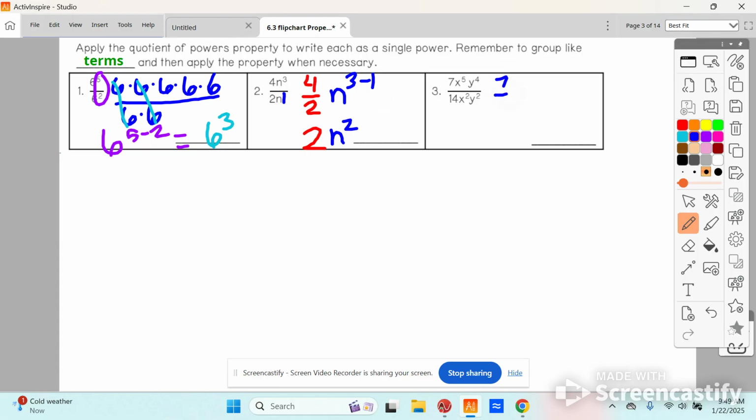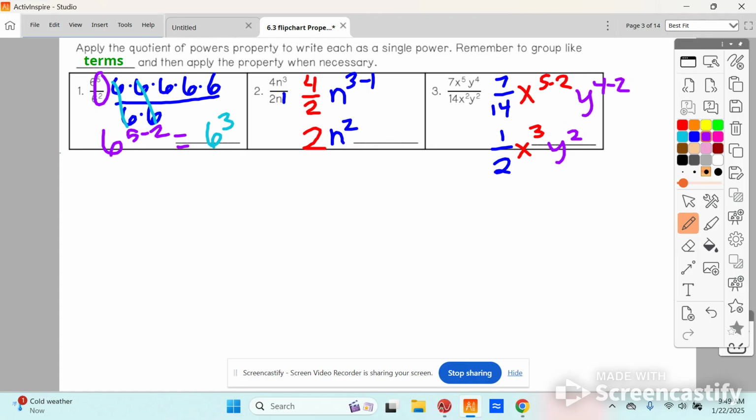I'm going to do the same on the next. I have 7 over 14. If you put that in your calculator, you get 1/2. I have x to the 5 minus 2, which is x cubed, and y to the 4 minus 2, which is y squared.